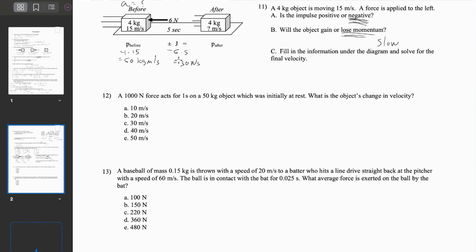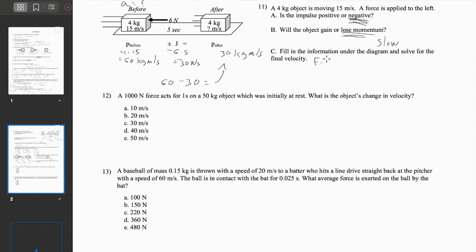So if our momentum is 60 and our change in momentum is negative 30, our final momentum is 30. Because you have 60, you take away 30, you're left with 30. And this shows us that Newton seconds and kilogram meters per second are the same thing. We just use Newton seconds in our impulse, and kilogram meters per second in our momentum.